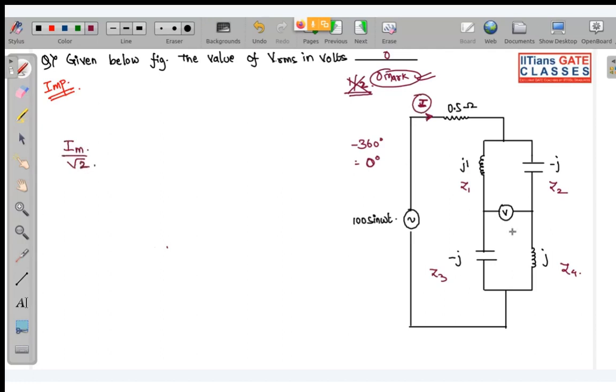When you get Im by root 2, if you take this as A point and this as B point, you will be getting VAB minus VB as your VRMS value, where VAB will be equal to Im by root 2 into minus J, and VB will be equal to Im by root 2 into plus J. So if you solve this, you will get one answer.